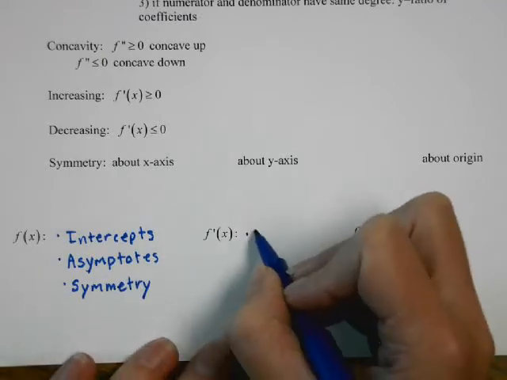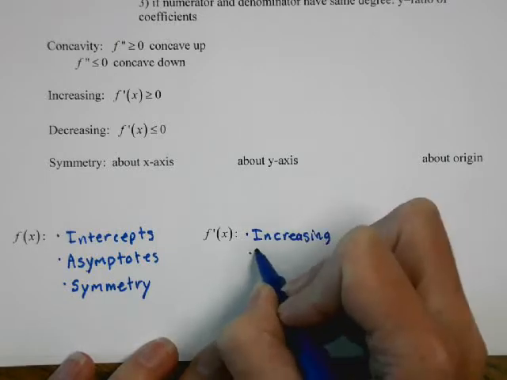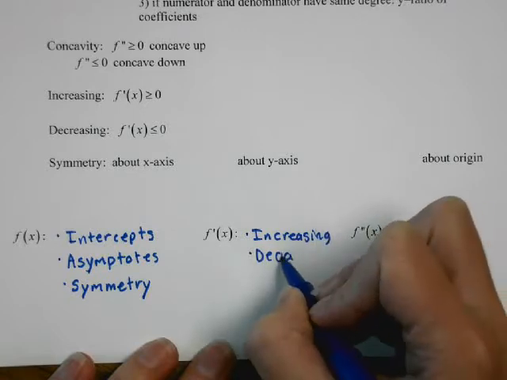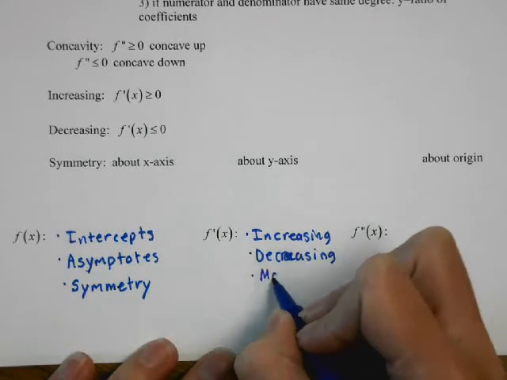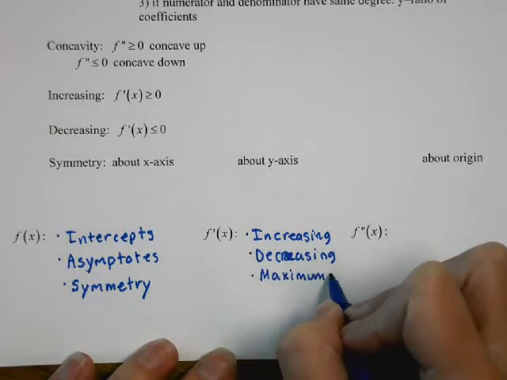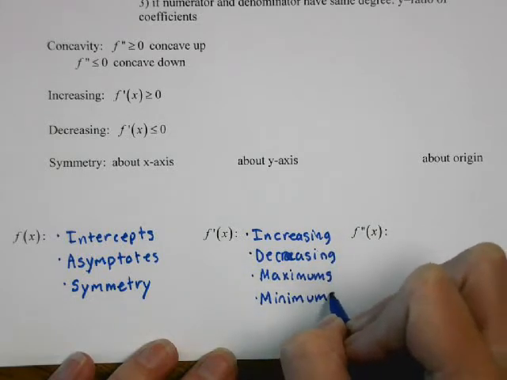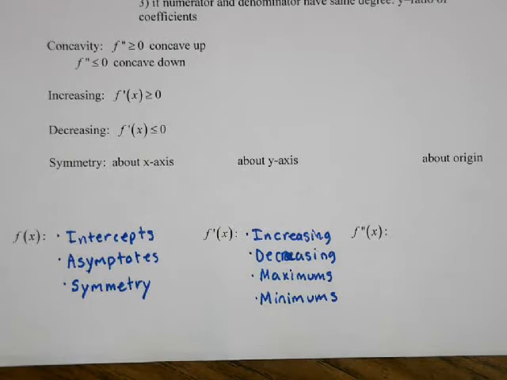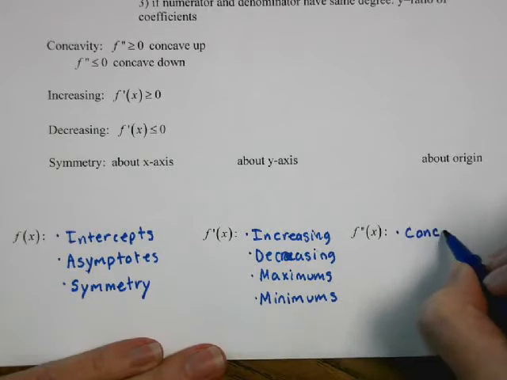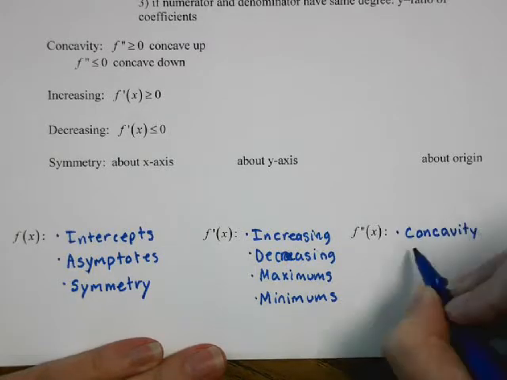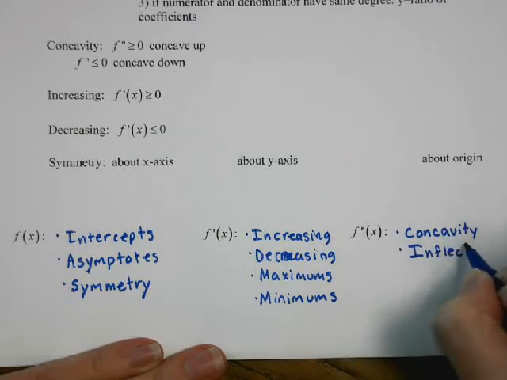The first derivative tells us if the graph is increasing, decreasing, or if there are any maximums or minimums. And then the second derivative, we can tell about concavity, whether the graph is concave up or concave down, and where there are any inflection points.